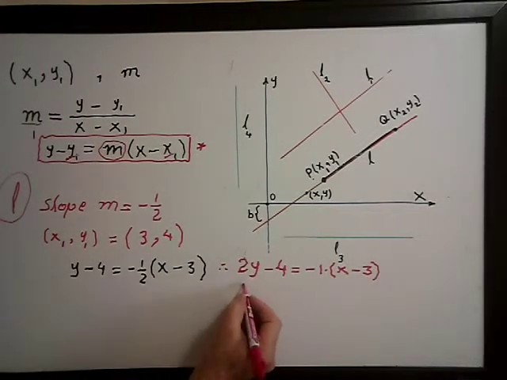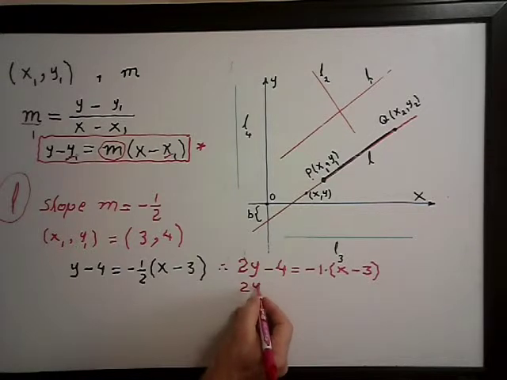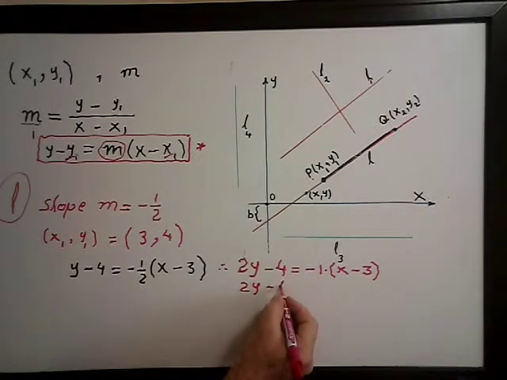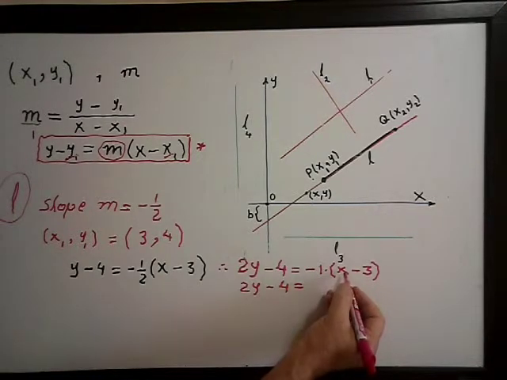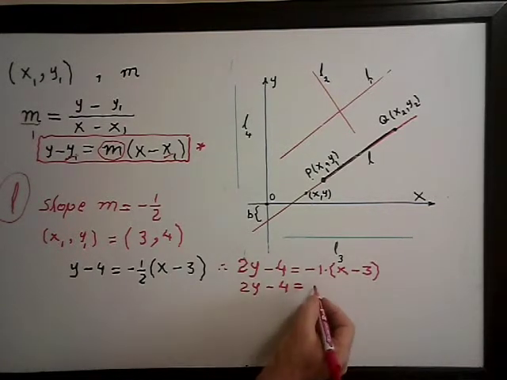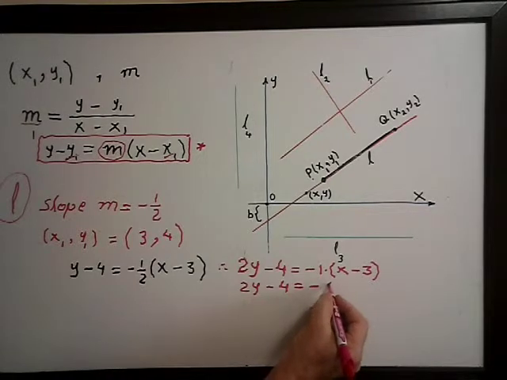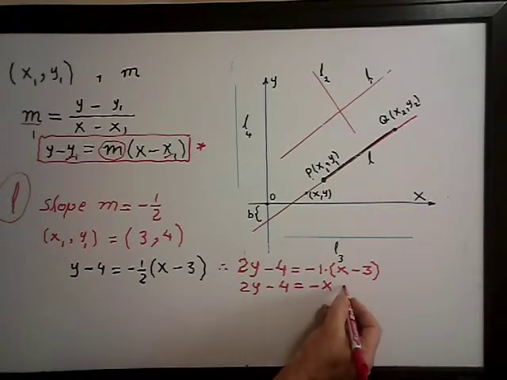Which means 2y minus 4. Here multiply this by the inside of the brackets. It will give me negative x plus 3.